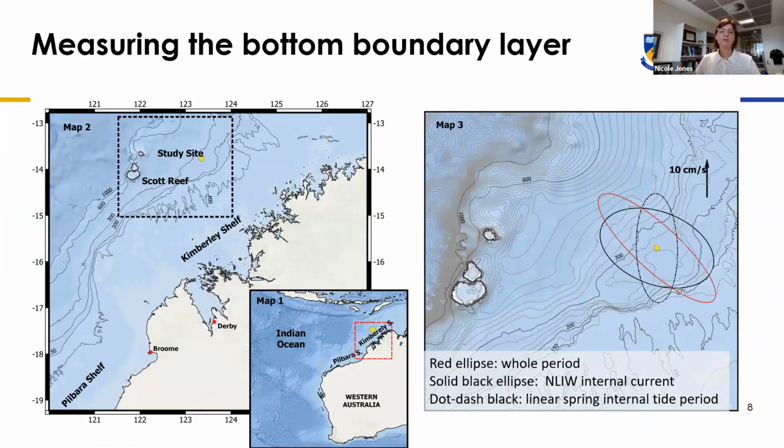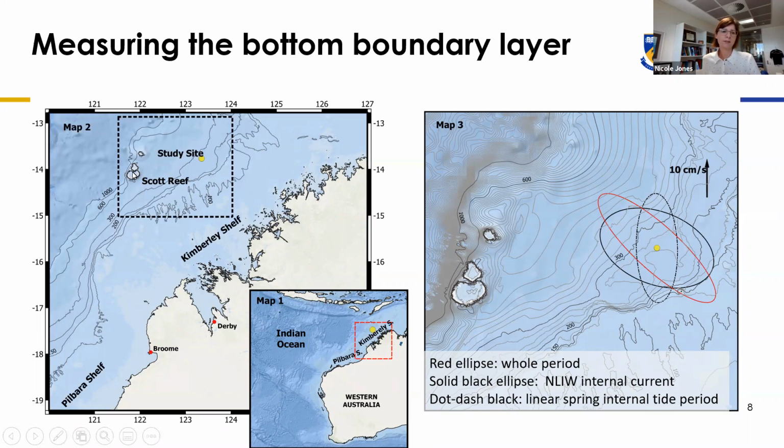So we're going to focus on observations that were taken at a location on the northwest shelf of Western Australia. So you can see that we're located up in this region here, where we're in about 250 metres of water, and we're quite a few hundred kilometres offshore.